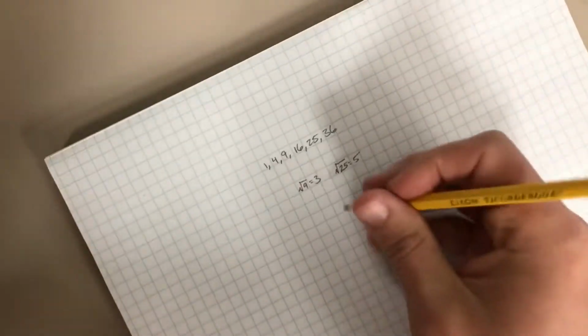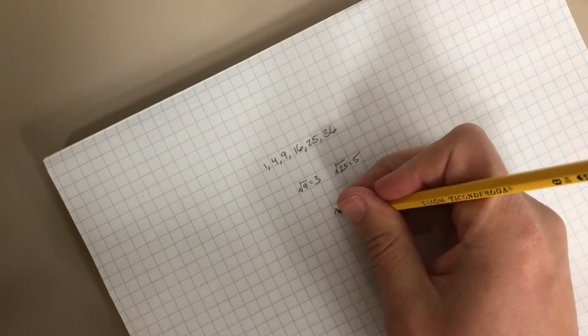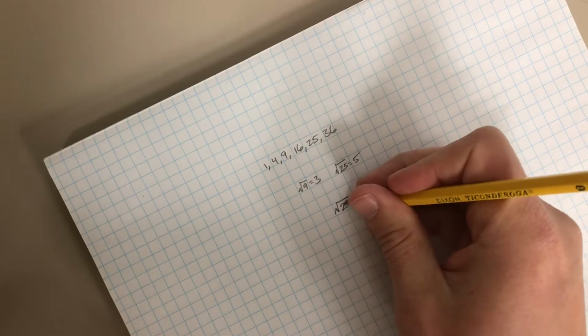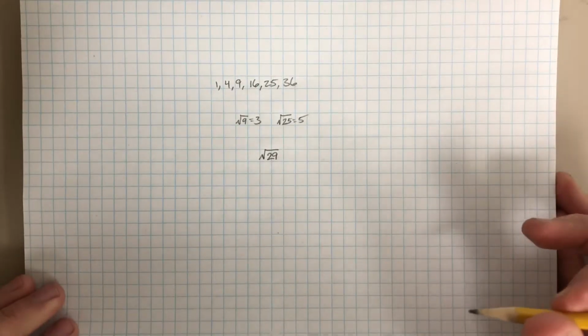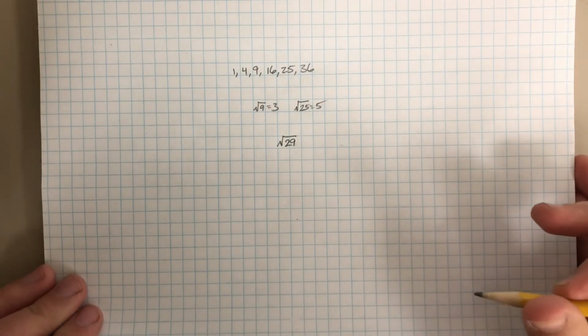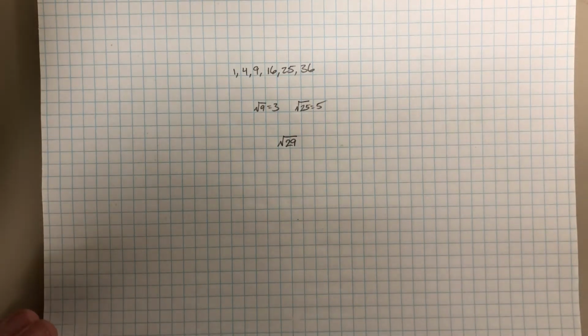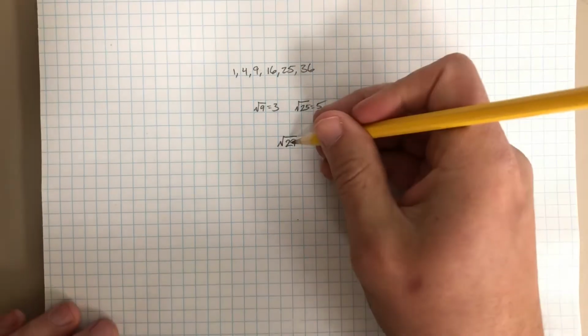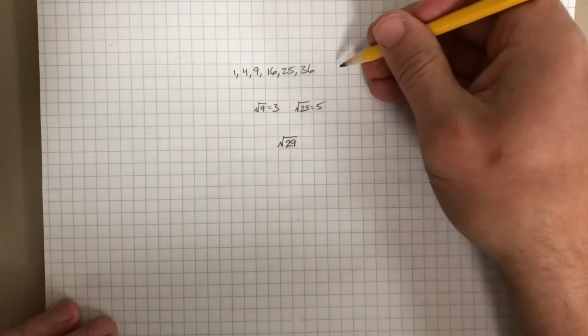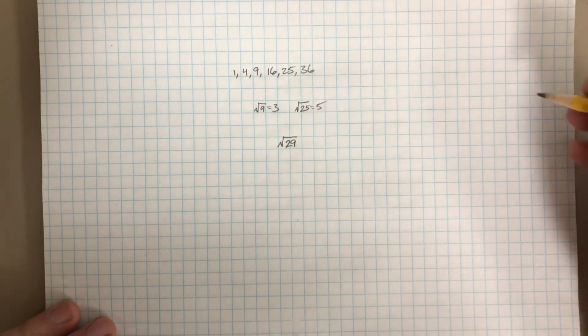Now, what if we had something like the square root of 29? 29 is not a perfect square. But if we want to find approximately where it would go, what we can do is see where this would fit in amongst other perfect squares.